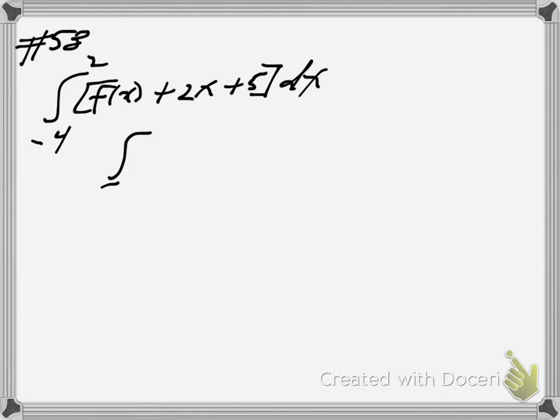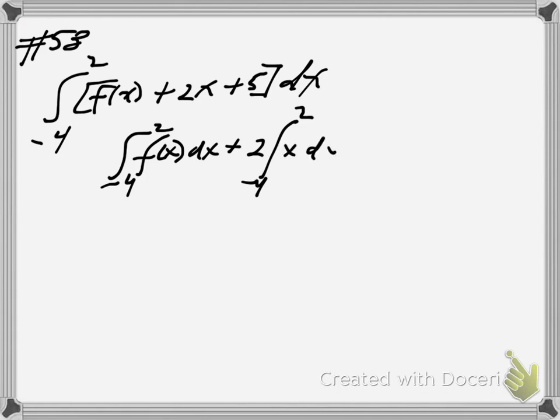So we'll go in, and I'm going to use my properties of integrals to break this guy up into different parts. The integral from -4 to 2 of f of x, plus the integral of, I'm going to go ahead and factor out that 2, -4 to 2 of x dx.